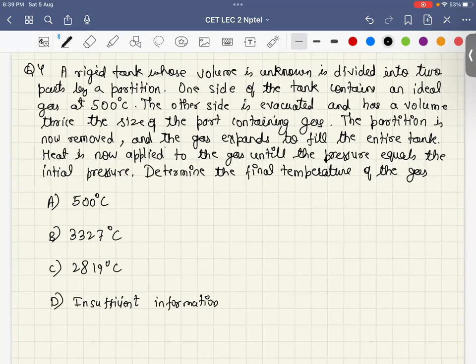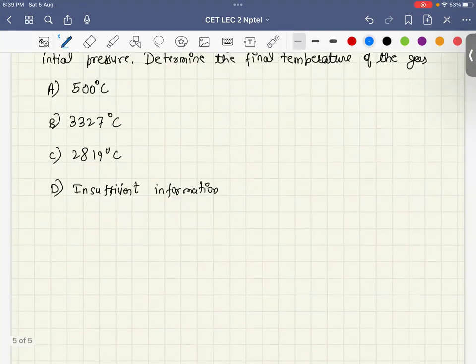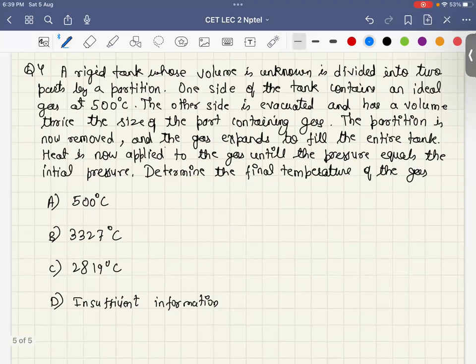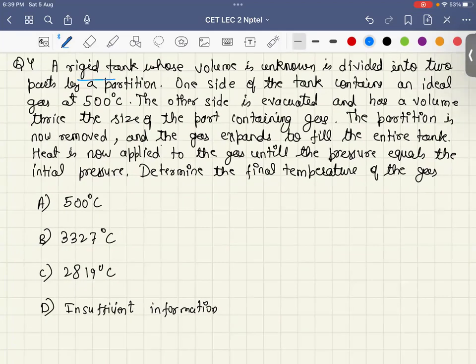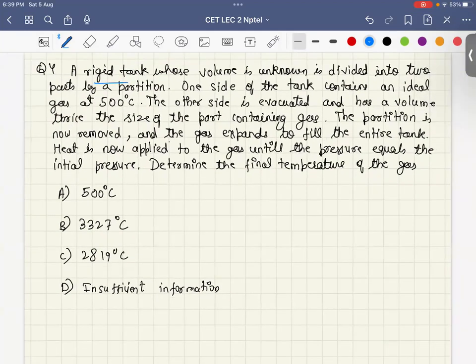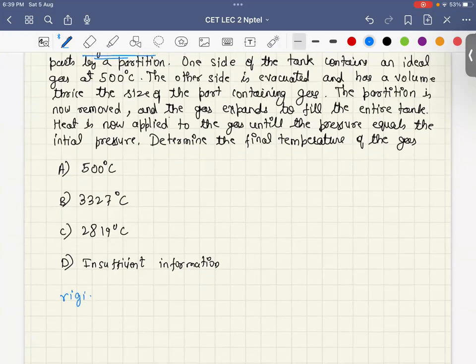So let us first understand what is the question. Then we can try. So what we have is a rigid tank. That means the total volume is going to remain constant.